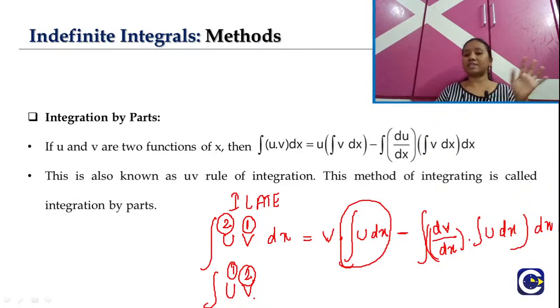So no worries, the answer will be the same for both cases. It will be up to us: whichever is the easiest integration function, if we pick that, it will be easy to solve the procedure further. So this is our UV rule of integration, and the method entirely is called integration by parts. I hope you are clear with it.